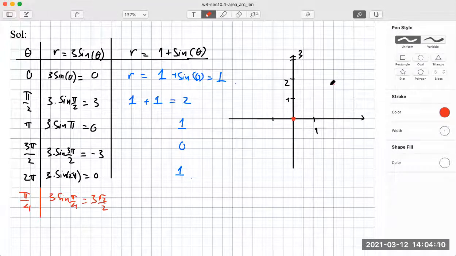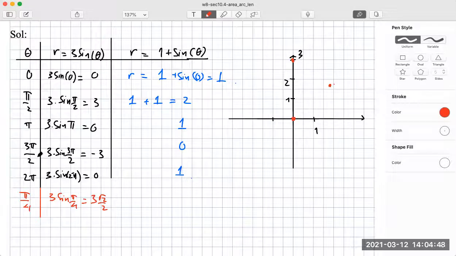It would be somewhere here. 3 sine 0 is here. At pi over 2, it will be 3, this point. And at pi, it will be 0. At pi, it would be 0, right?